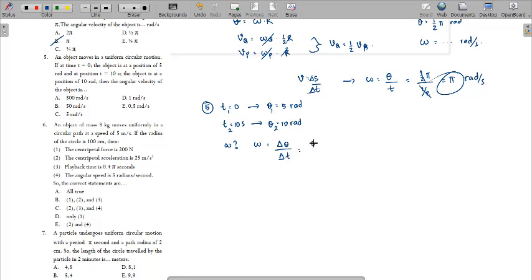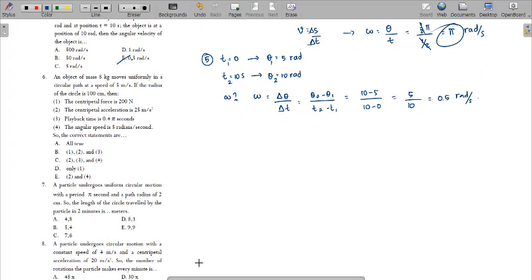Delta theta is theta 2 minus theta 1 divided by time 2 minus time 1. Theta 2 is 10 minus theta 1, 5, divided by 10 minus 0. So the answer is 5 divided by 10, that is 0.5 radian per second. Oh, this is a point, ya, koma in Bahasa Indonesia. And number 6.